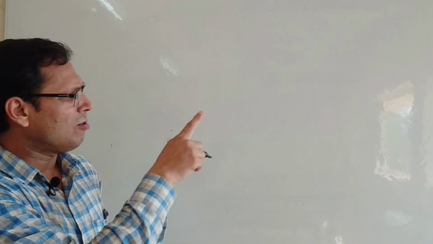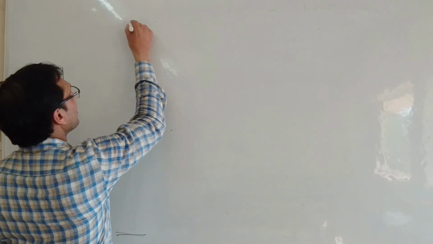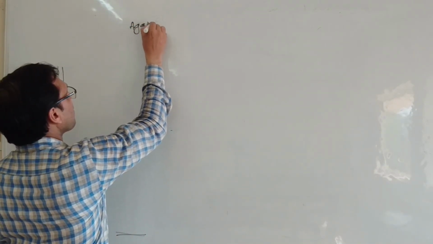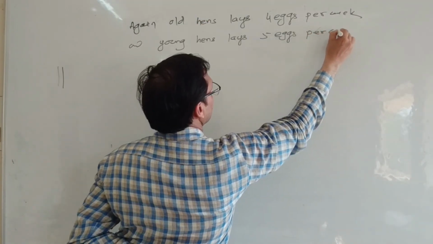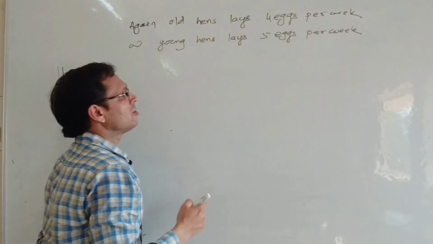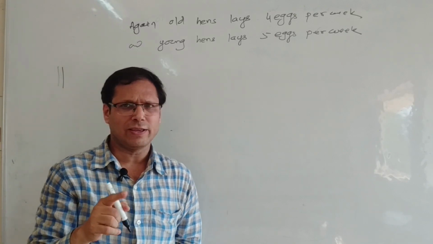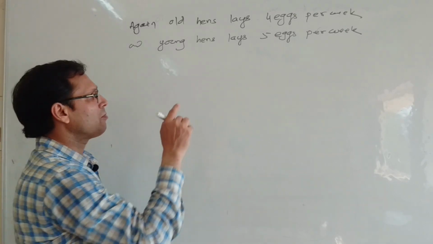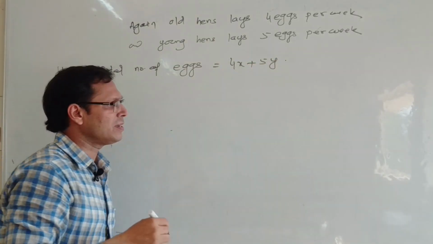Old hens lay 4 eggs per week and young ones lay 5 eggs per week. So you should mention again, per week, x number of old hens are there and y number of young hens are there. So total number of eggs should be equal to 4x plus 5y.